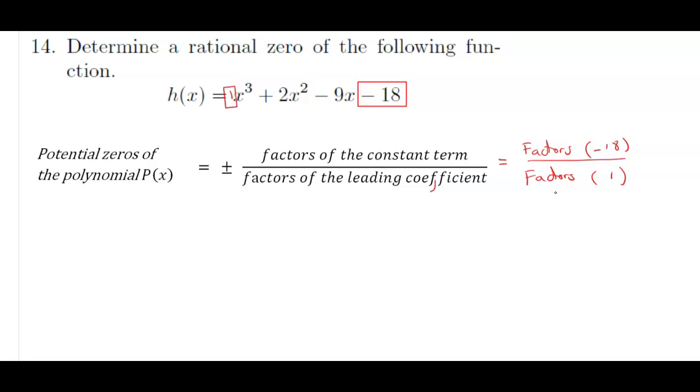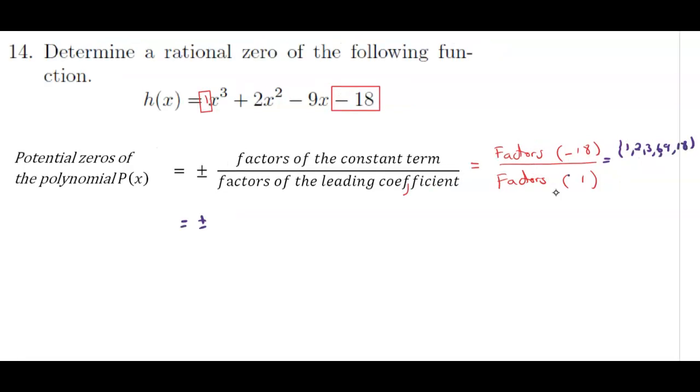So the possible zeros are going to be plus or minus the factors of 18, which are 1, 2, 3, 6, 9, and 18, divided by the factors of 1, which is just 1. And don't forget the plus or minus.